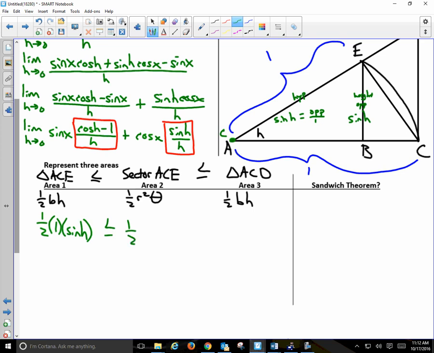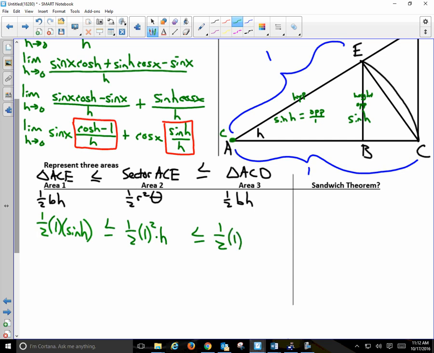Now we got to look at the sector area. So what is the radius? 1. What's theta? H. Now look at ACD. 1/2 times what's the length of the base? 1.